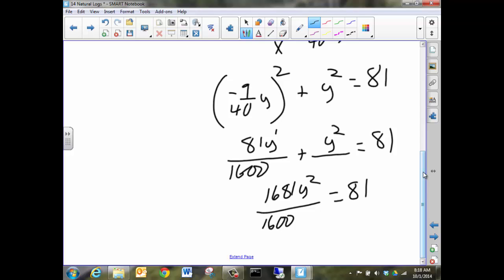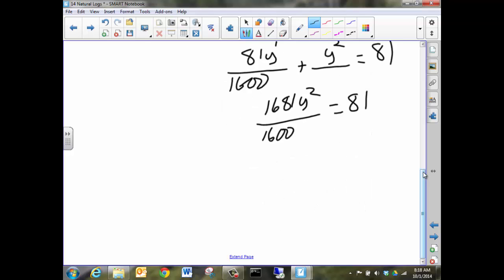I don't know what that is, but you can figure that out. What will we do now? We can multiply by 1600, so 1681 y squared equals 81 times 1600. Can somebody tell me what 81 times 1600 is?